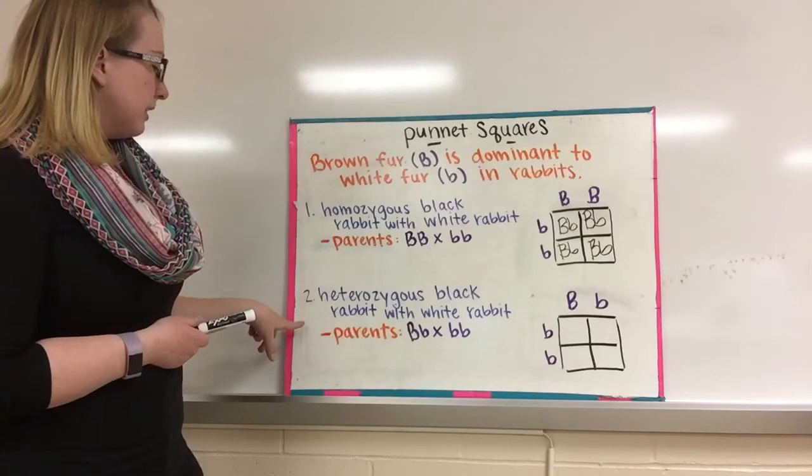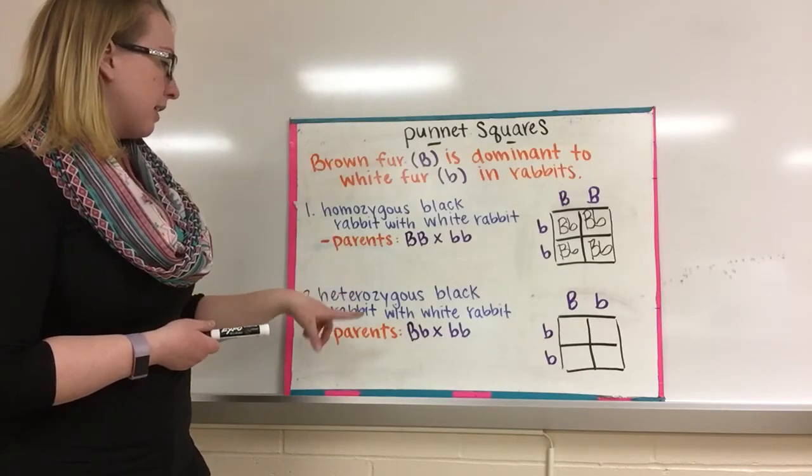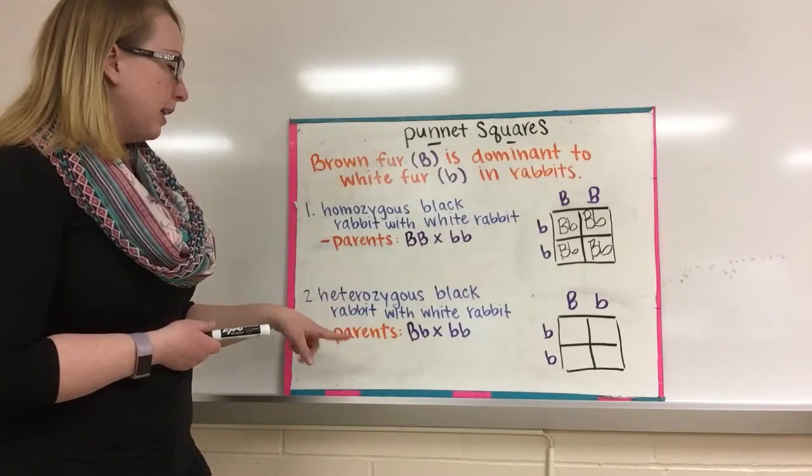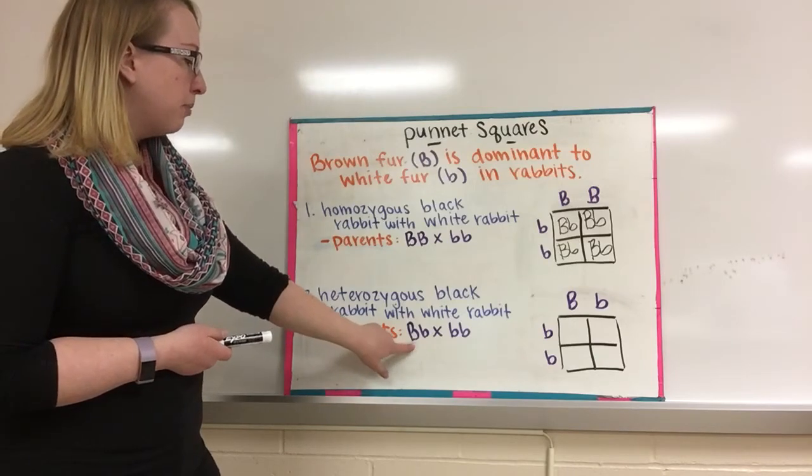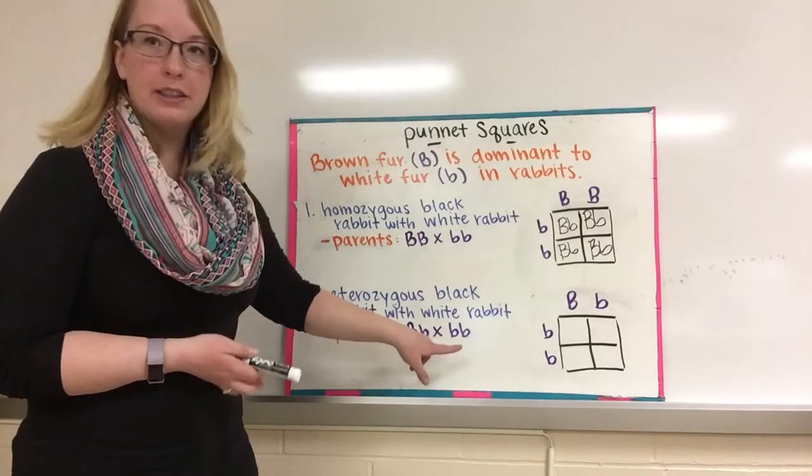So if we go down to the next example, which is a heterozygous brown rabbit mixed with a white rabbit, the parents are capital B lowercase b and then two lowercase b's.